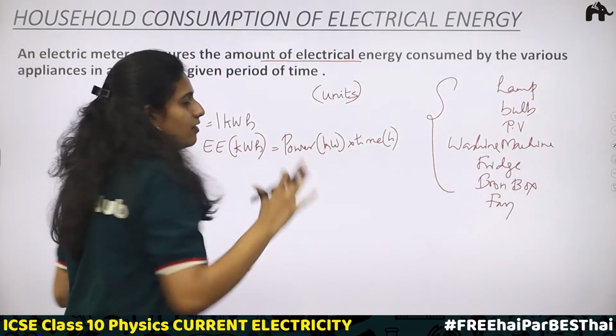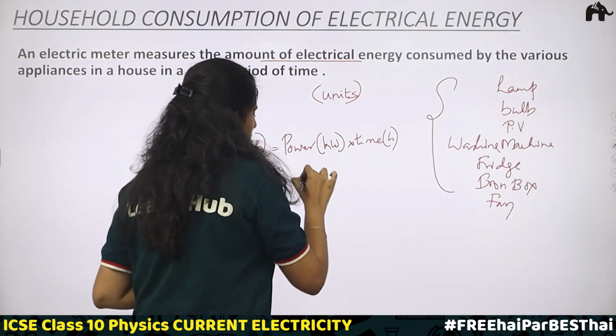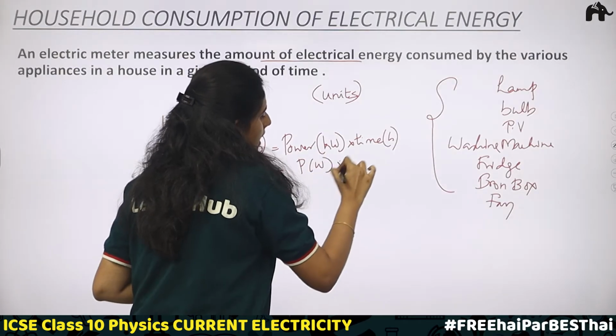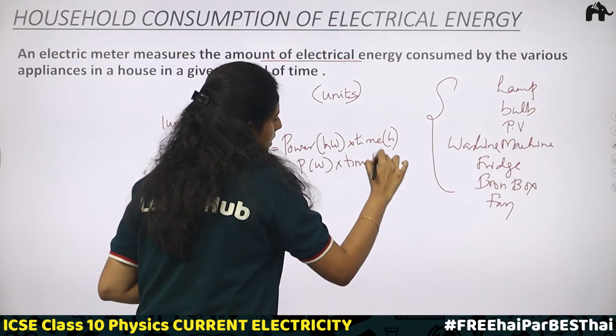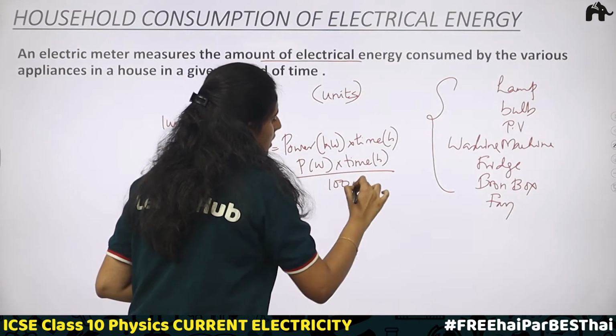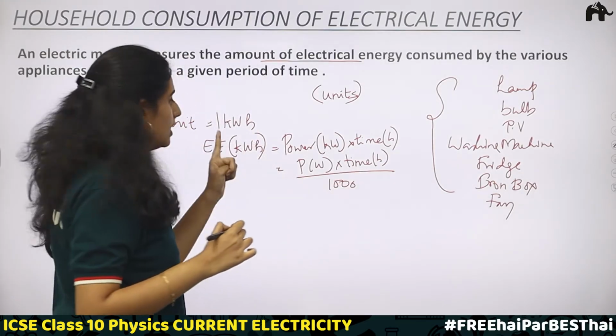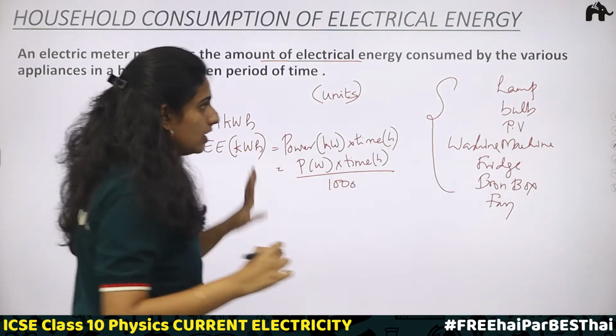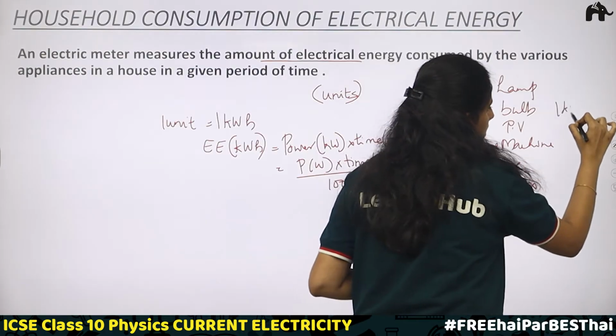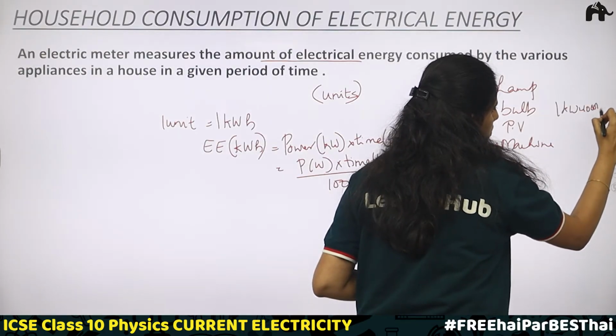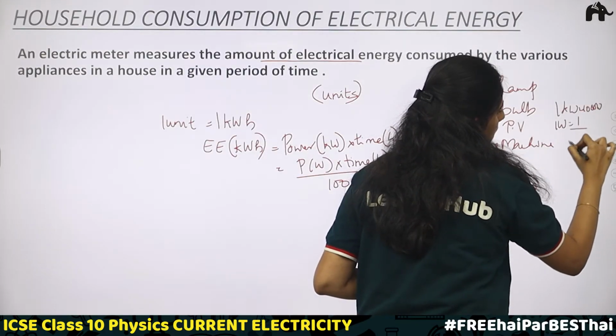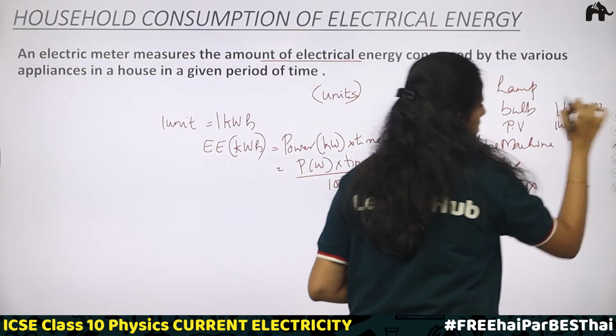Now, if you take power in watts and time in hours, then you have to divide by 1000 to get the electrical energy in kilowatt hours, because we know the relation: 1 kilowatt is equal to 1000 watts, and 1 watt is 1 by 1000 kilowatts.